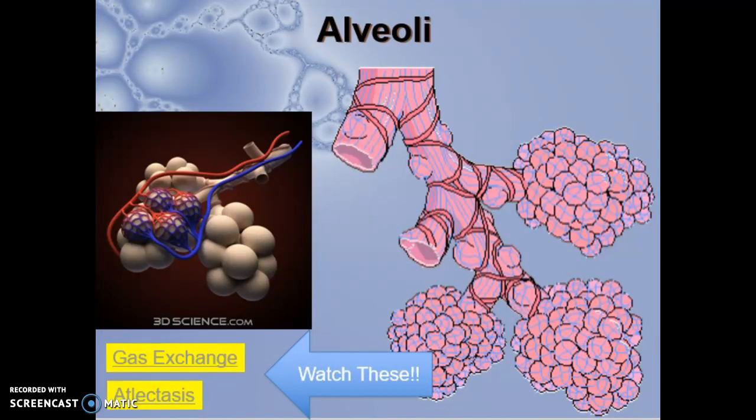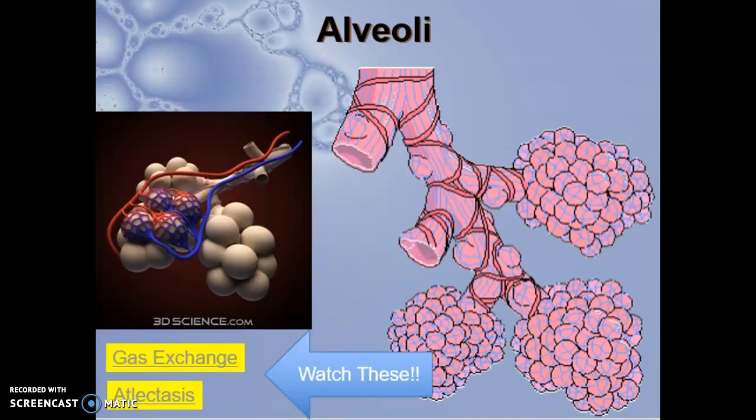Alright, so we mentioned that there were fewer alveoli, so there was less area for that gas exchange to take place. There are some good links here that when you download this PowerPoint from D2L, you can access those.